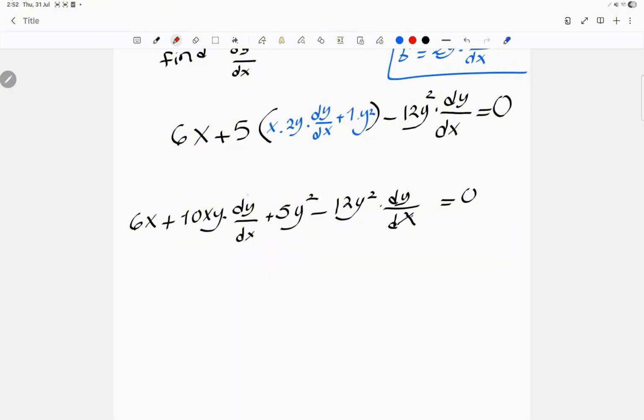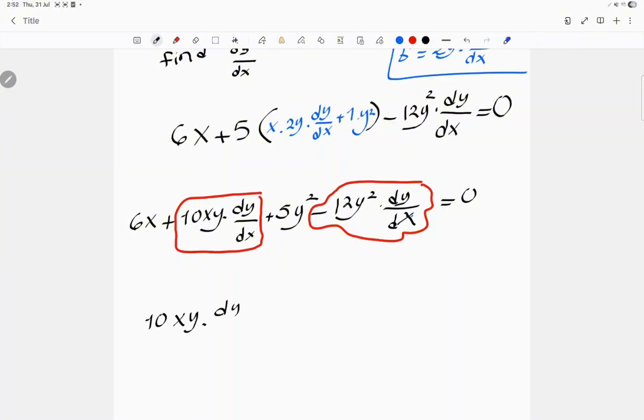So whatever has dy over dx has to stay on the left. Whatever doesn't have that, dy over dx has to go on the right side and change sign.